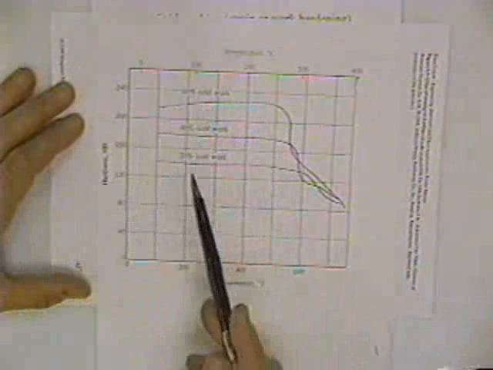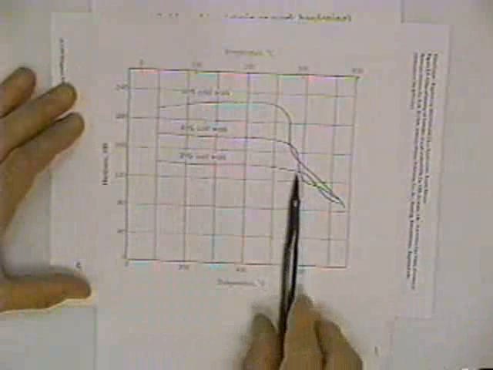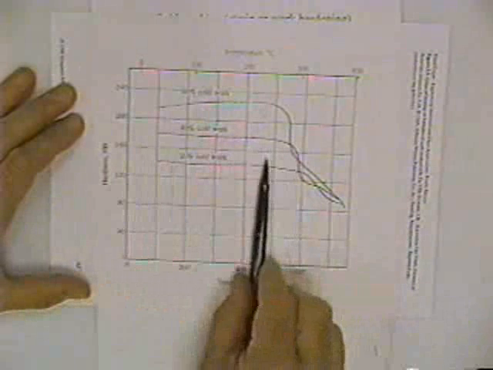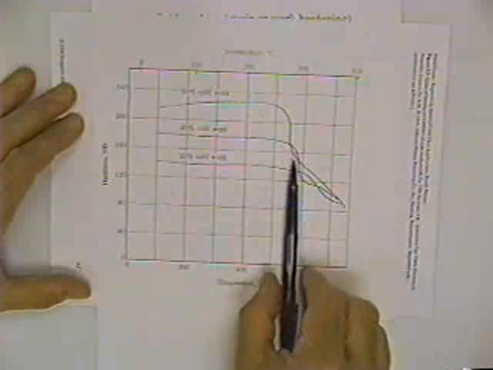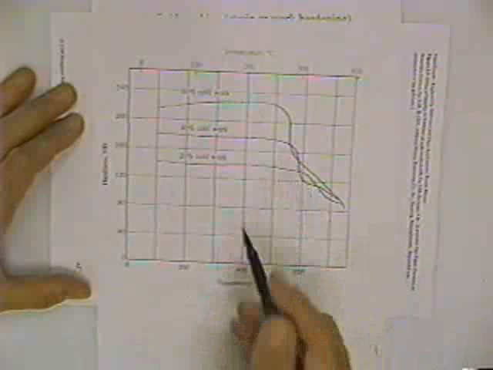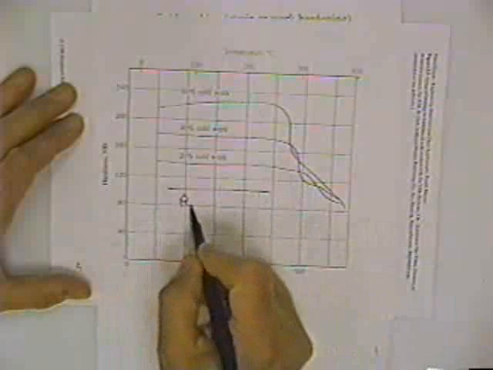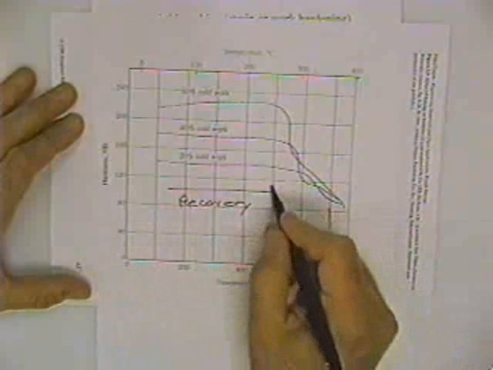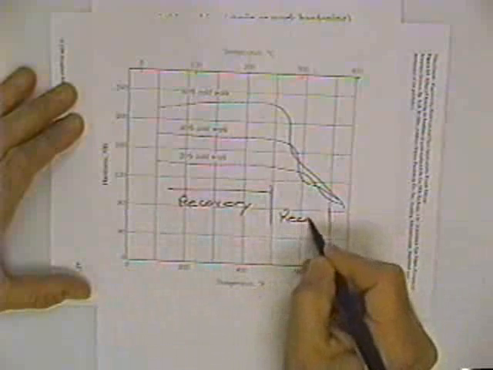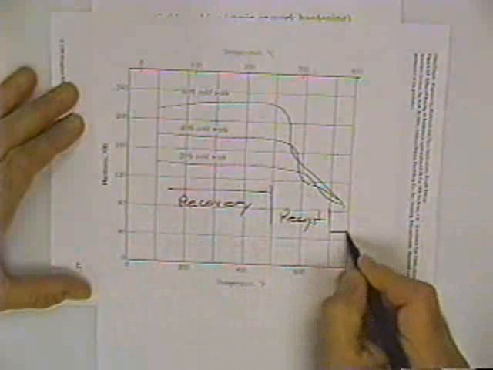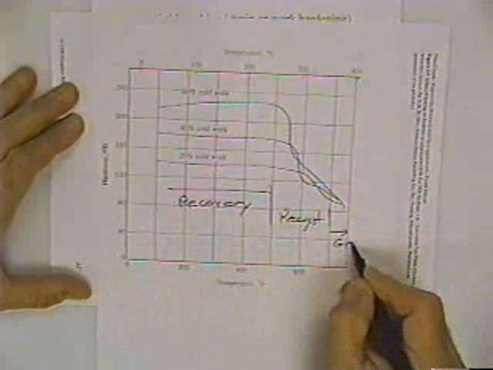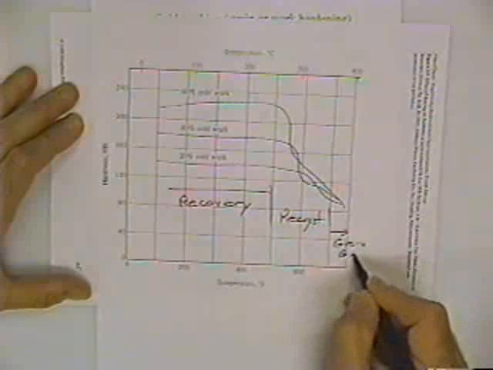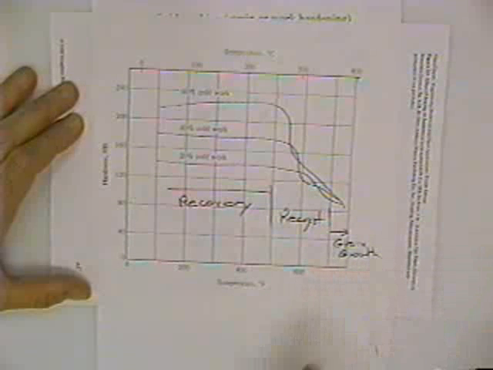Provides more energy, it's a little easier for the process to get started. And so this would be the recovery, this would be the recrystallization, and this over here is going to be grain growth.